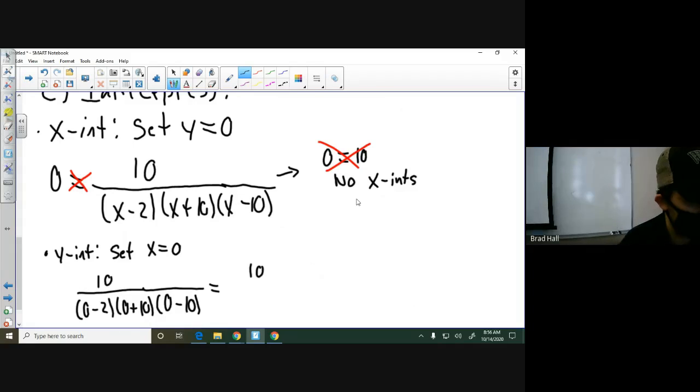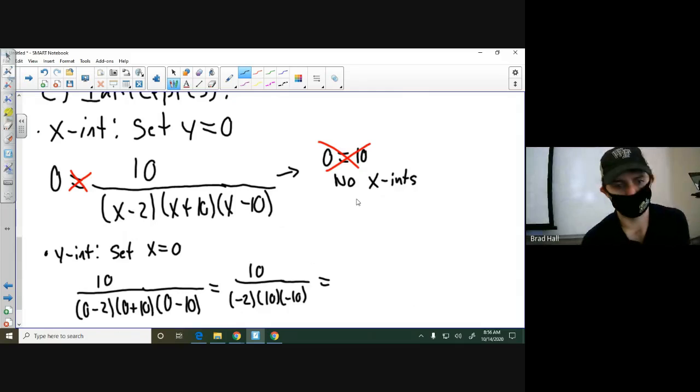So that's the same thing as 10 divided by negative 2 times 10 times negative 10. It's 10 divided by 200, 1 over 20.